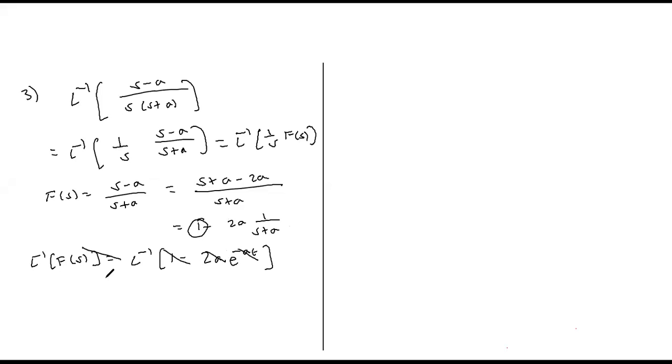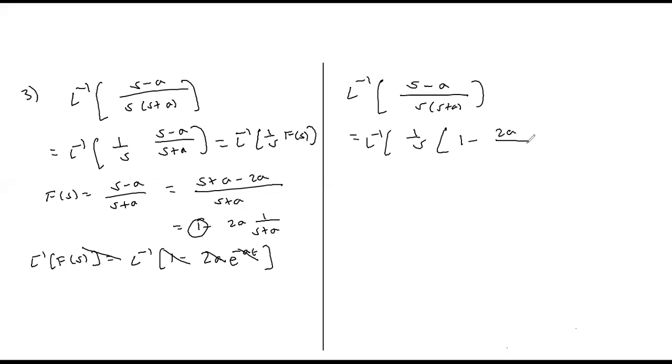So what will happen? We will write this as: the original function, L inverse of (S minus A) by S into (S plus A), can be written as L inverse of 1 by S into (1 minus 2A by (S plus A)). It is a roundabout if you are trying to apply the division by S property; sometimes you may get it like this.